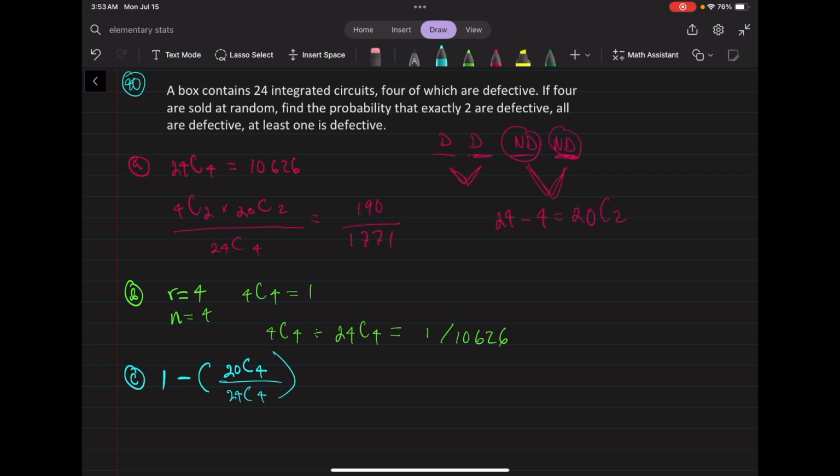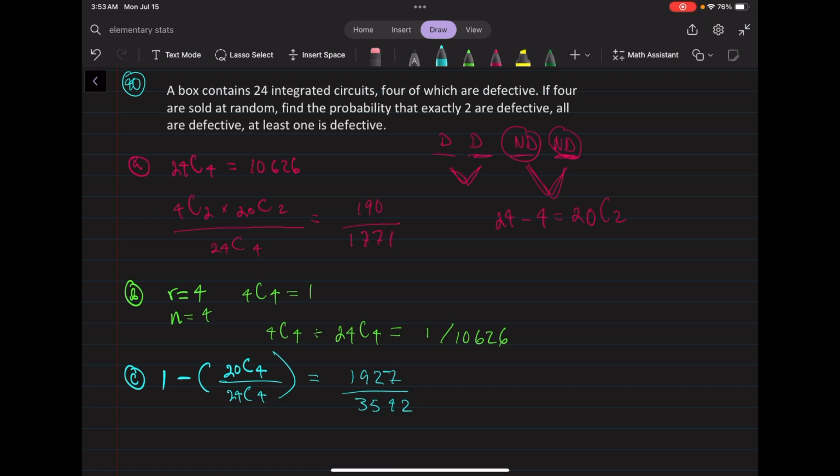And that is what at least means. Again, you're subtracting the complement from 1. And that would be 1,927 out of 3,542.